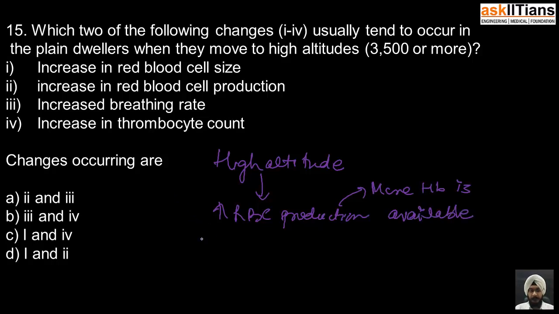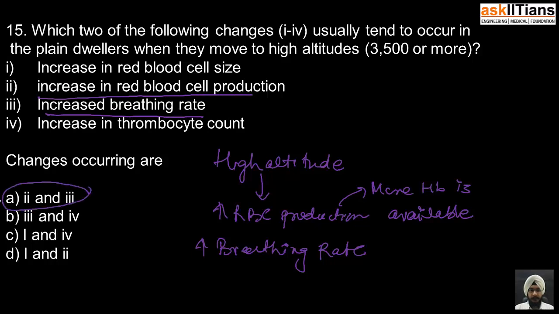And another thing that occurs is there is increased breathing rate. So out of this, the second and the third should be the correct option. So to this, the option A matches.